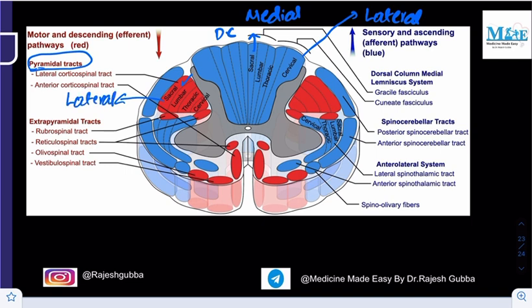And then this is the spinothalamic tract. In the spinothalamic tract, the medial fibers are the cervical fibers and the lateral fibers are the sacral fibers. So only in the dorsal column are the sacral fibers present medially, whereas in all other tracts the sacral fibers are present laterally.